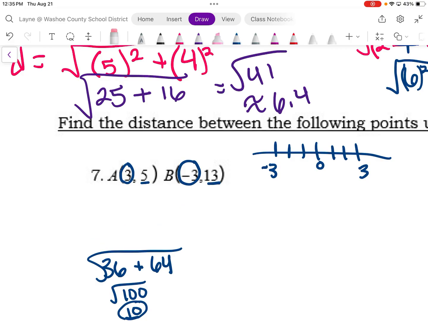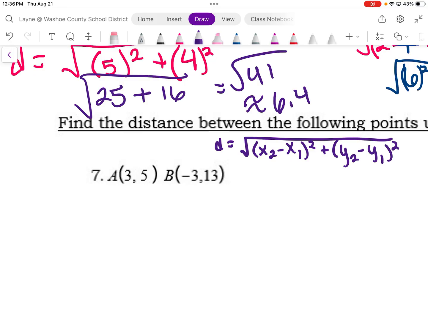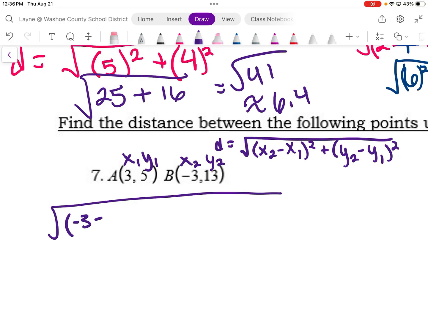So for a problem like this, if you want to fully plug into the distance formula, that's totally reasonable. Go for it. I'll write the distance formula right here. It's the square root of x2 minus x1 squared plus y2 minus y1 squared. I'll call this x1, y1, x2, y2, and then we'll plug into the formula. x2 is going to be negative 3 minus x1, which is 3, squared, plus y2, which is 13, minus y1, which is 5, squared.